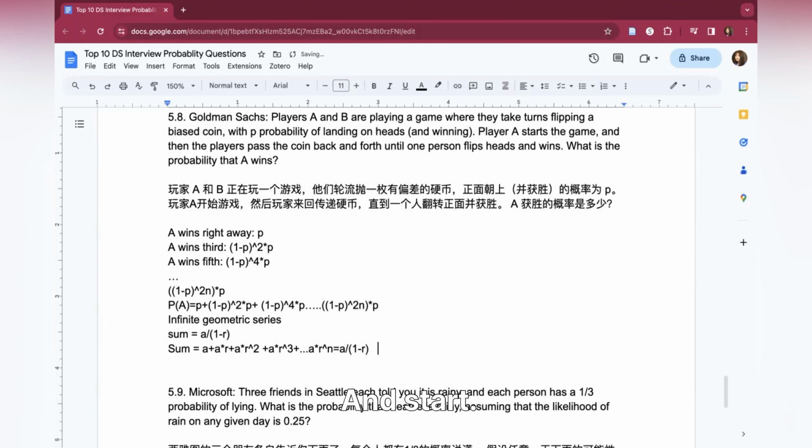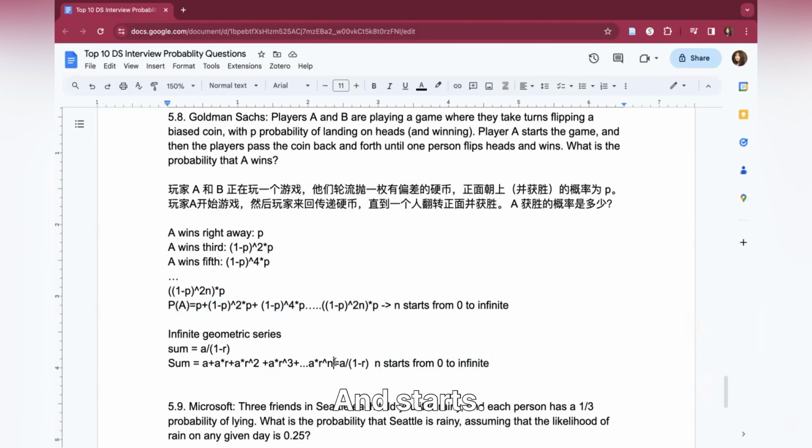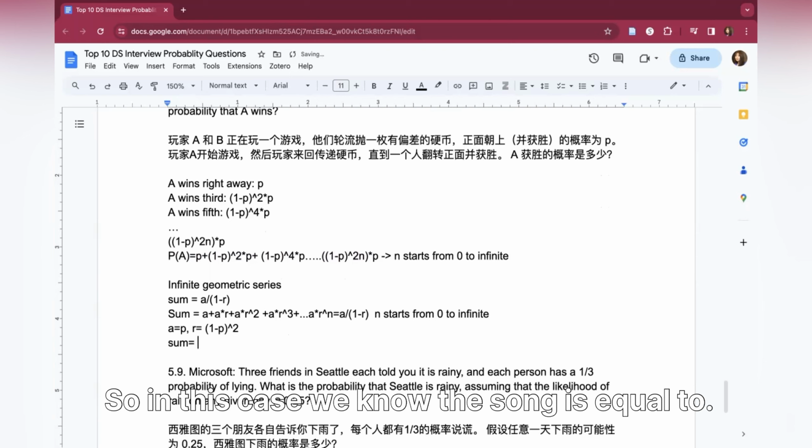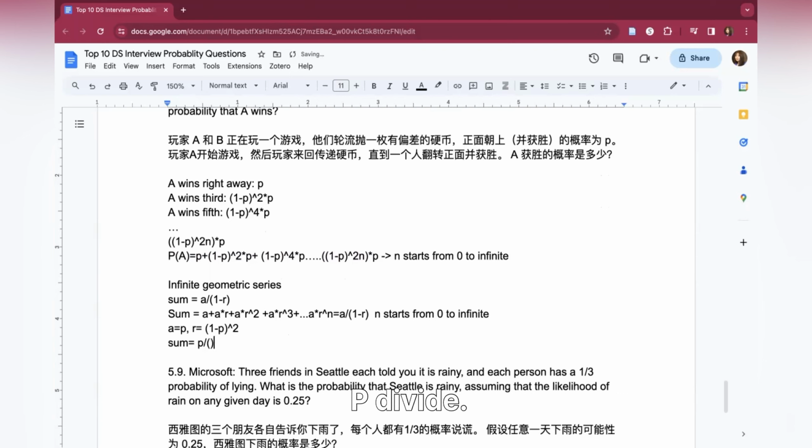If you see these two lines have a similarity, P here is equal to a, and r is equal to (1 minus P) squared. So in this case, we know the sum is equal to P divided by 1 minus (1 minus P) squared.